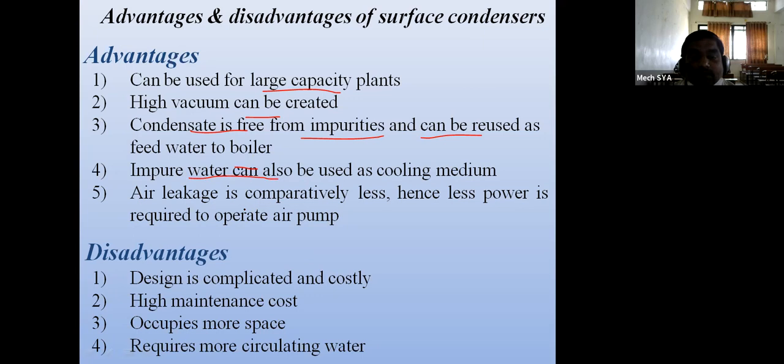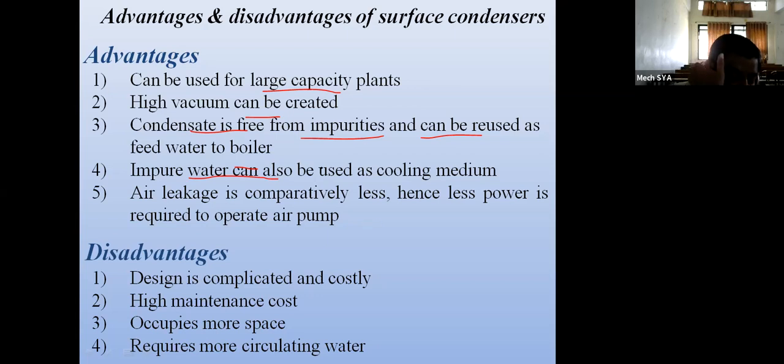Air leakage is comparatively less, hence less power for the air pump is required, but a much larger water pump is required, because we have to force the water through the tubes.